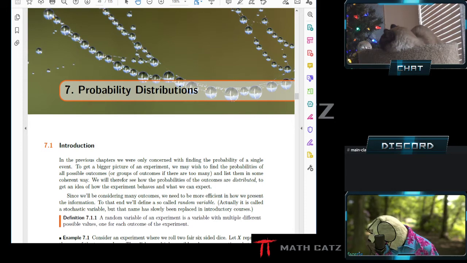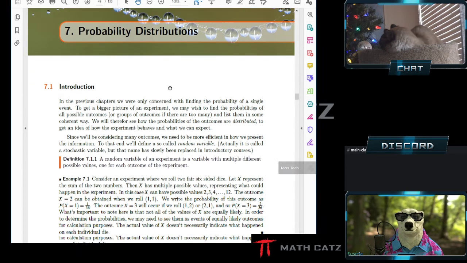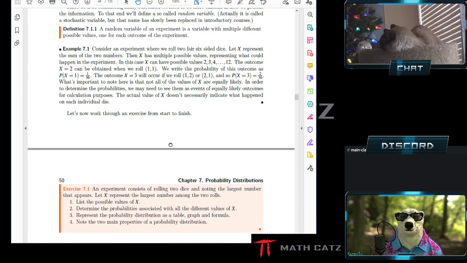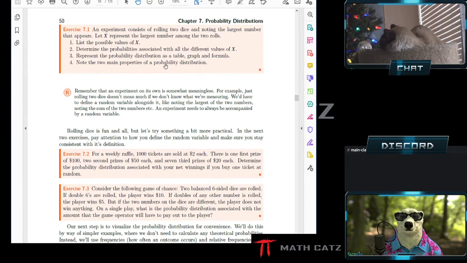What I want to do is save time this time and introduce everything by way of exercise 7.1, rather than introducing it and then changing things up with 7.1. Let's just do 7.1. It'll be the same.